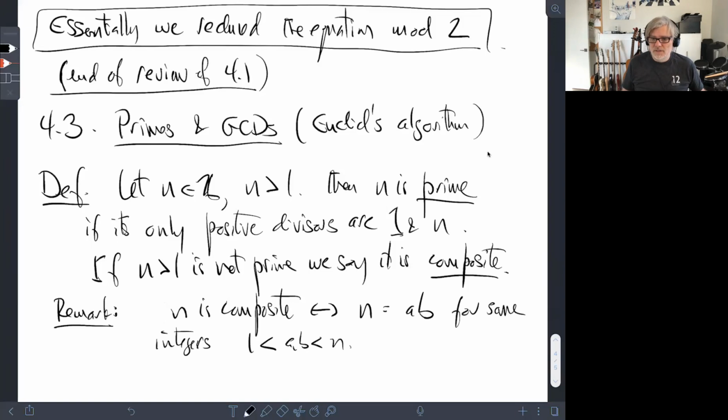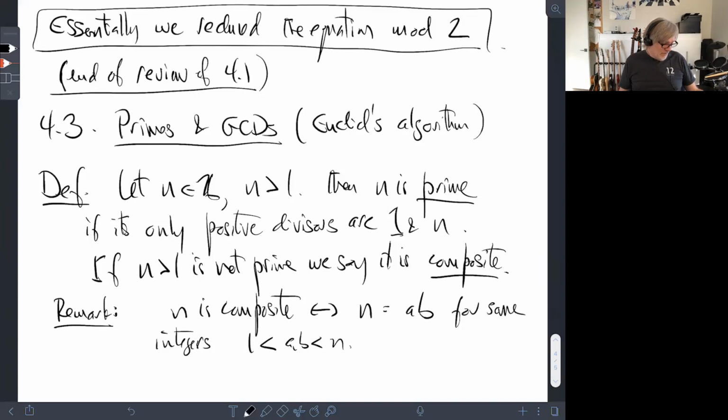The observation, of course, is that if you have a divisor which is strictly between 1 and n, dividing n by that number will give you another divisor, also strictly between 1 and n. That's what I'm trying to say.